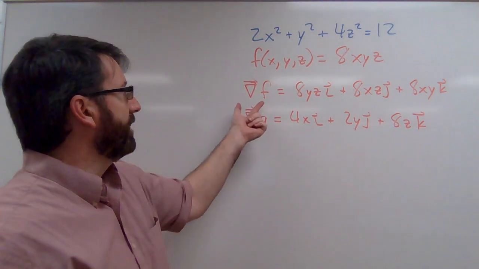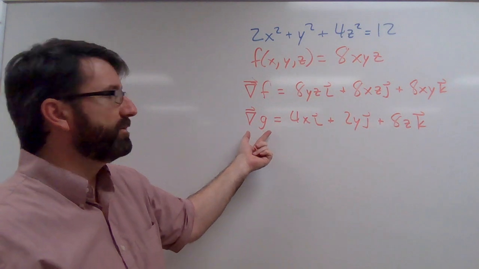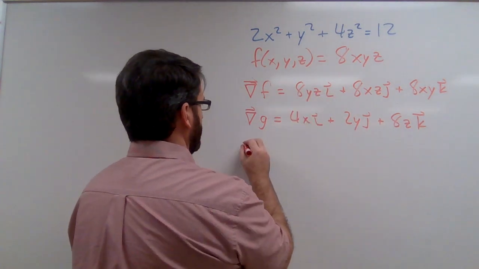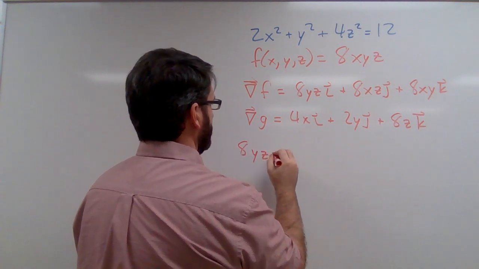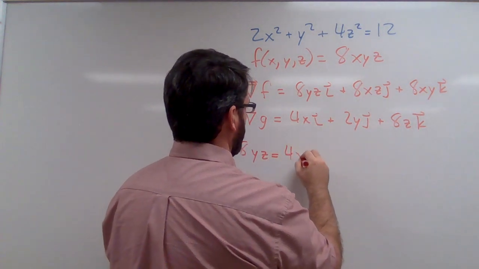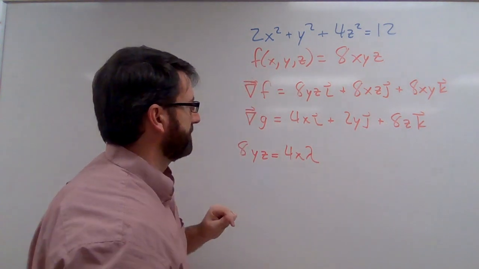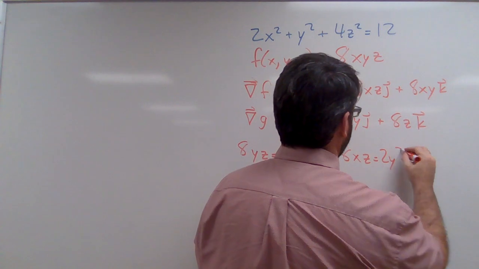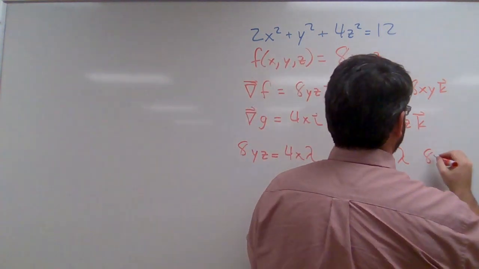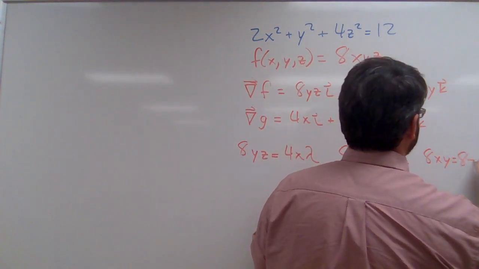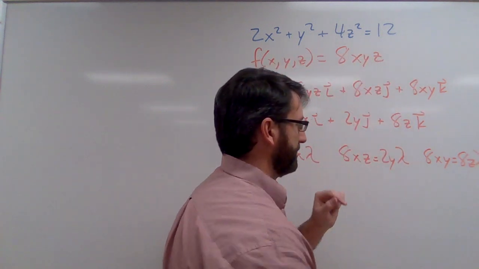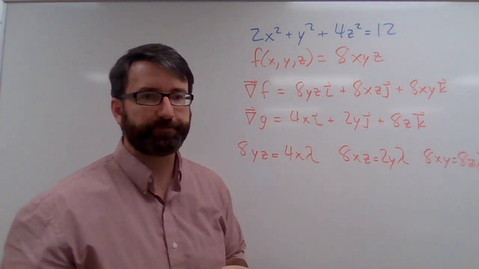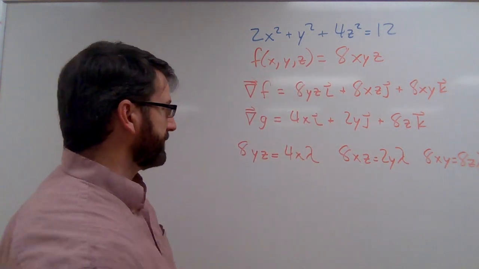All right, and so now we know that the gradient of f is equal to the gradient of g times some lambda. So 8yz has got to be equal to 4x times some lambda, and 8xz is equal to 2y times some lambda, and 8xy is equal to 8z times lambda.